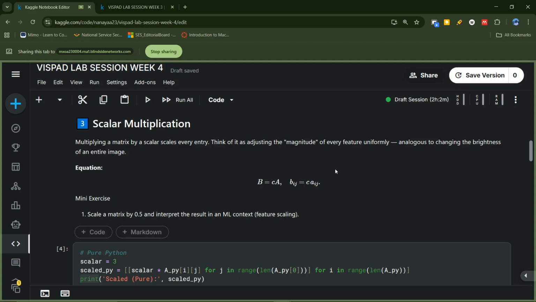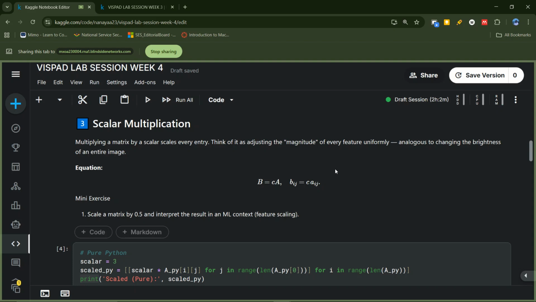That is the same thing here: the scalar multiplies each element of the matrix, or each list of the Python list of lists. We said that multiplying a matrix by a scalar scales every entry.